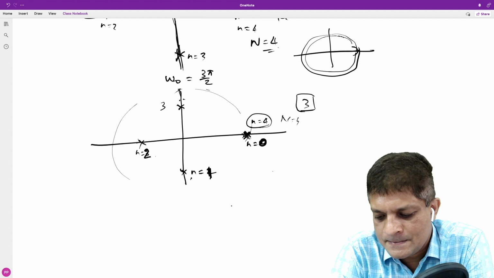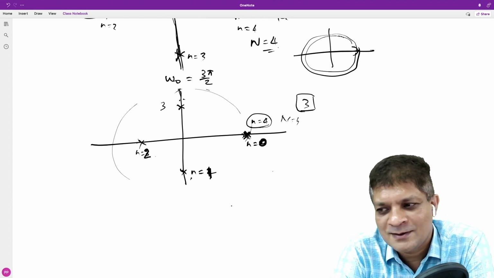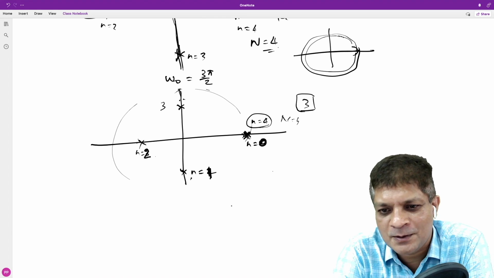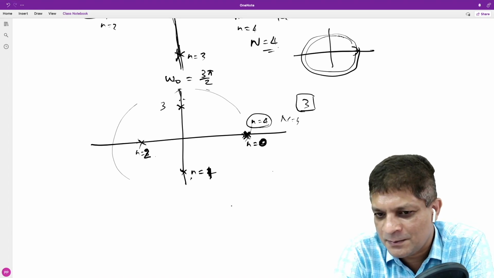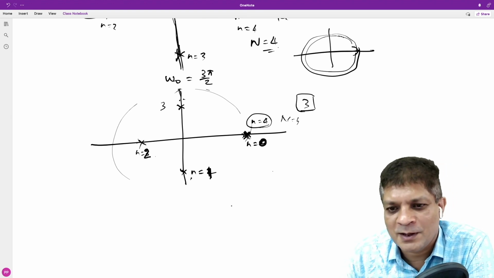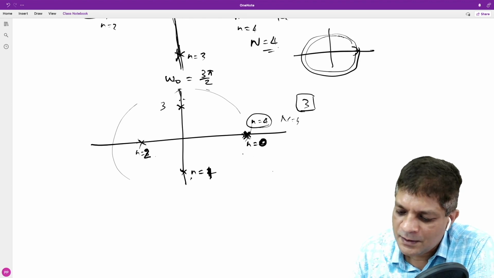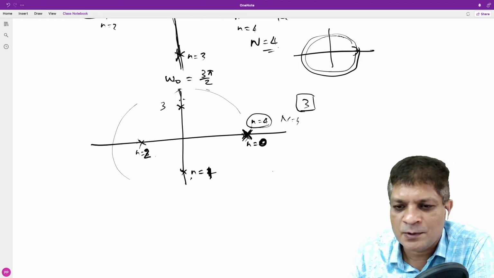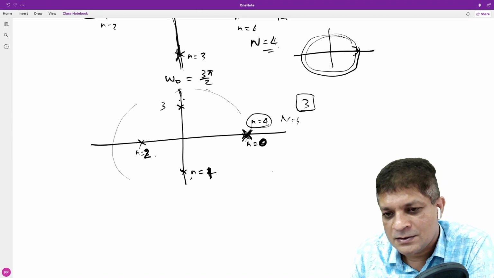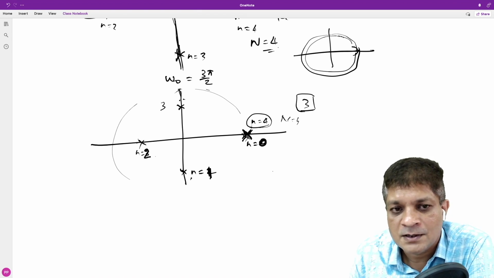If omega naught is not a rational multiple of pi, then it is not periodic. So what we can easily verify is that if we are starting from this point, the signal is said to be periodic if, after some samples, it reaches here, isn't it?